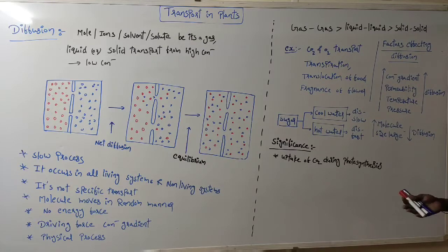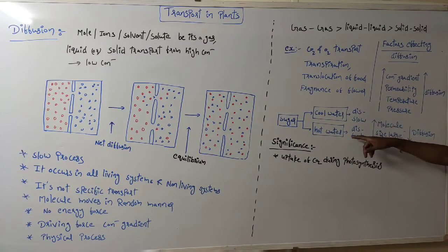We can do the practical at home: take one glass of normal cool water and another of hot water, add an equal amount of sugar in both glasses, then mix the sugar and notice the time period and the difference. We can do this experiment at home. In cool water it dissolves slowly, and in hot water it dissolves very rapidly.